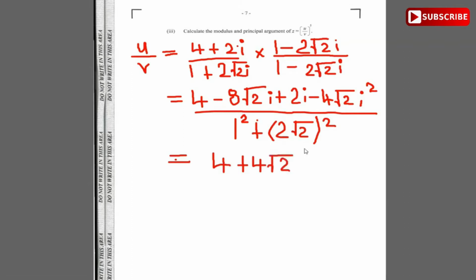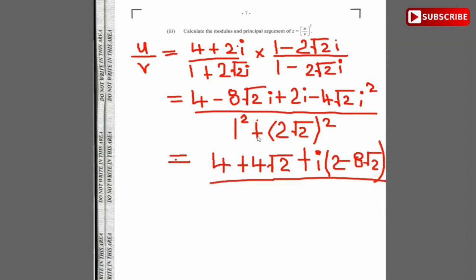Then it's going to be plus i times 2 minus 8 root 2. And that's divided by 1 squared plus 2 root 2 squared.